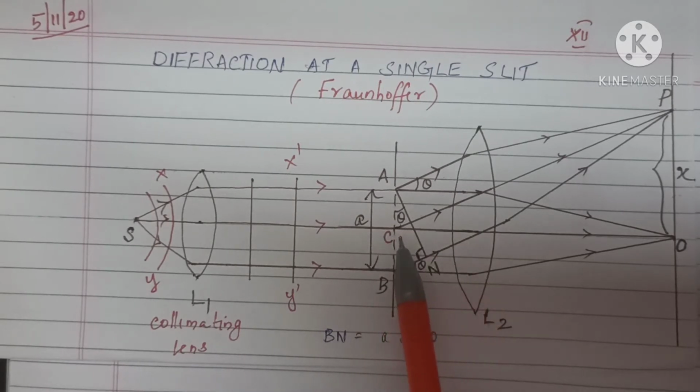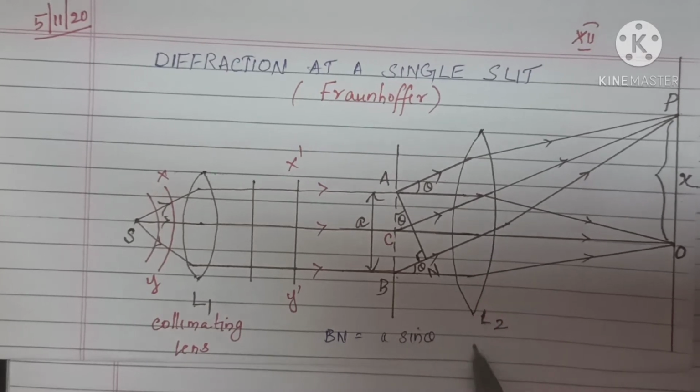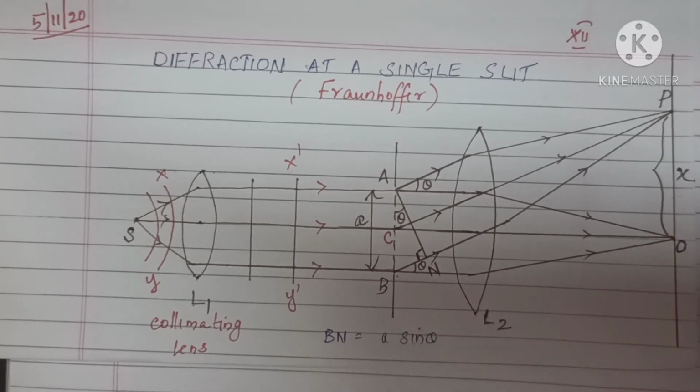These secondary wavelets interfere on the screen when they are brought to focus with the help of a convex lens at a position L2. As a result, we get alternate bright and dark bands. We call them maxima and minima in the case of diffraction, and it depends upon the path difference.